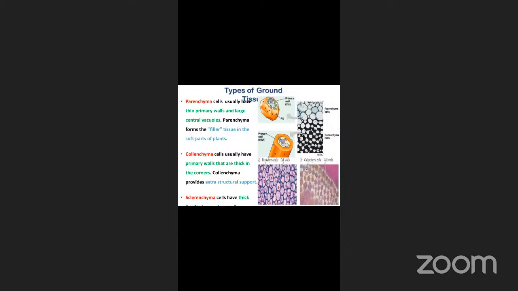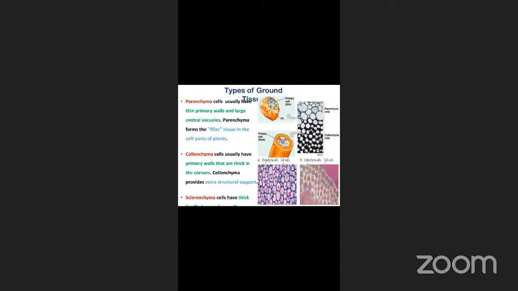That's why sclerenchyma tissue is very hard and thick. The secondary wall is made up of lignin, commonly called lignified secondary walls. That is sclerenchyma.